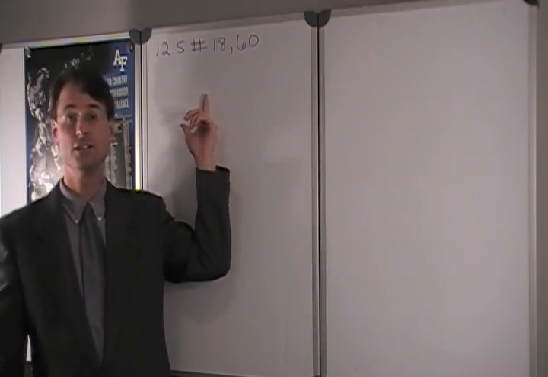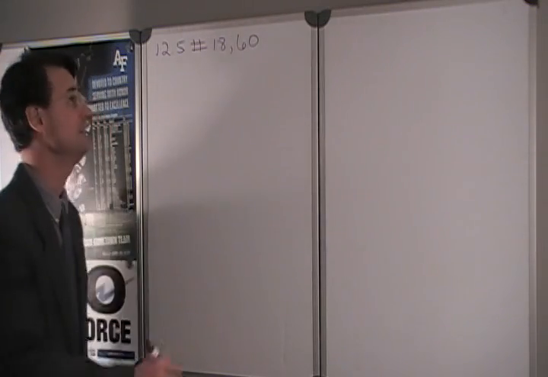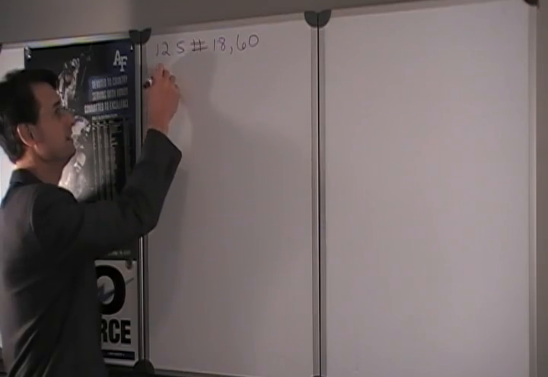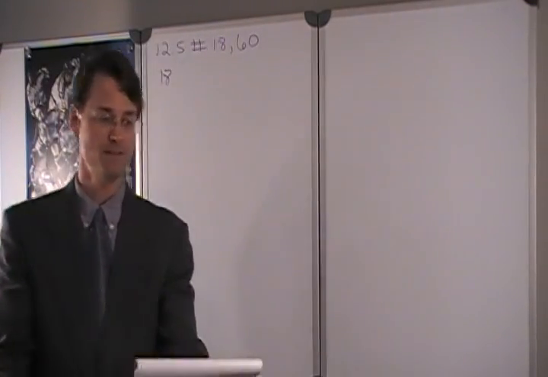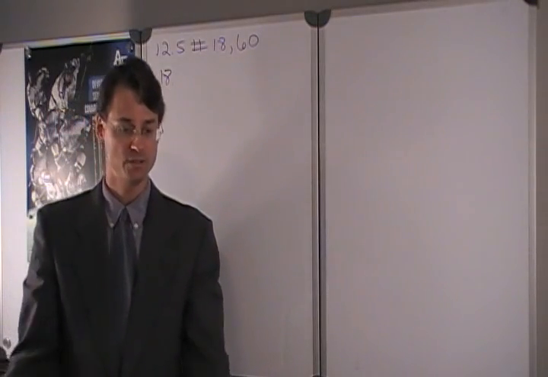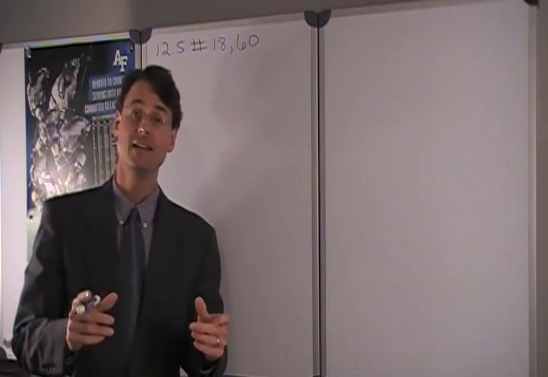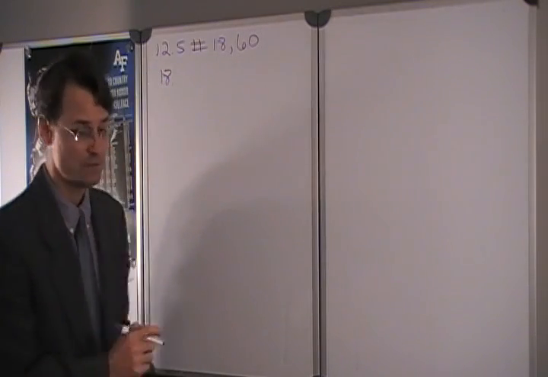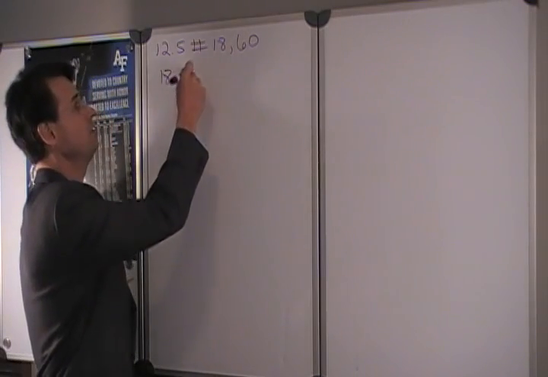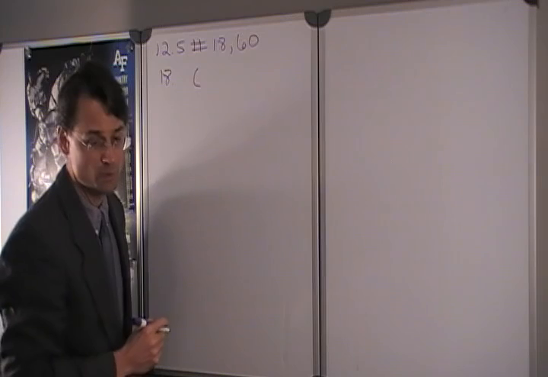Today we're having a look at section 12.5, number 18, and number 60. Let's start with number 18, which asks us to find parametric equations for the line segment, and take care because I'm changing the numbers a little bit so you still get the benefit of solving these at home. So we have 2 points.